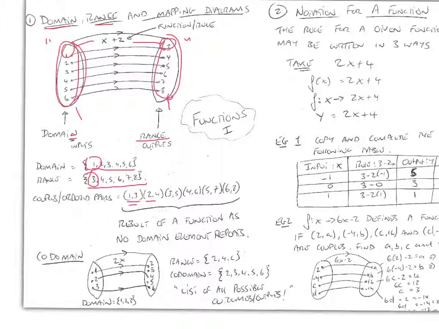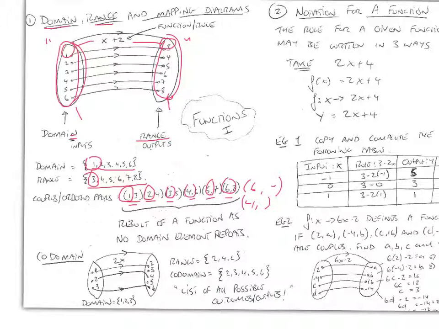So we have (1, 3), (2, 4), (3, 5), (4, 6), (5, 7), and (6, 8). These are the result of a function because none of the input values repeat. It's not like I have a 6 comma something else here, or a 4 comma something else in my list of ordered pairs. So that tells us that they're the result of a function.